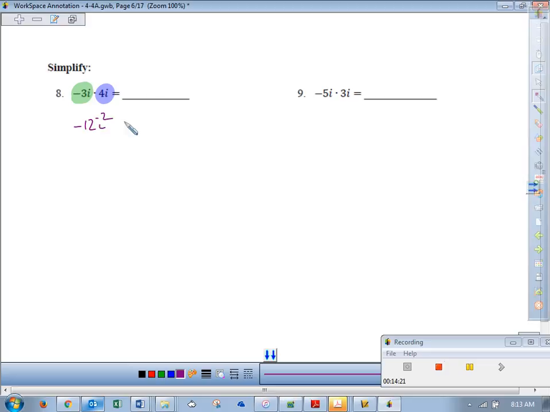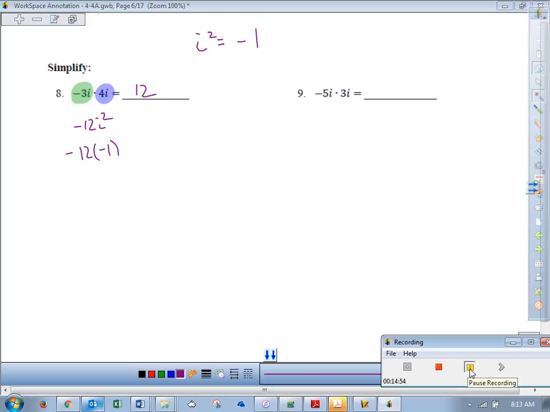Uh-oh, you're not allowed to have a final answer with anything but i to the first in it. i to the second can simplify, and we'll learn when we come back from break that i to the third, i to the fourth, i to anything else can simplify. So what is i squared really? i squared equals how much? Negative 1. So this is really negative 12 times negative 1, which is how much? Positive 12. Y'all cool with that?